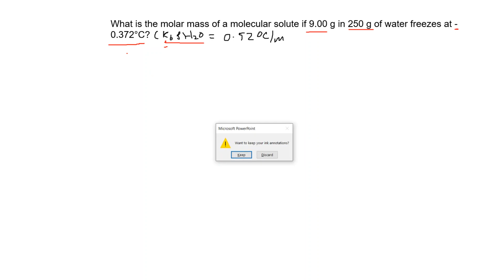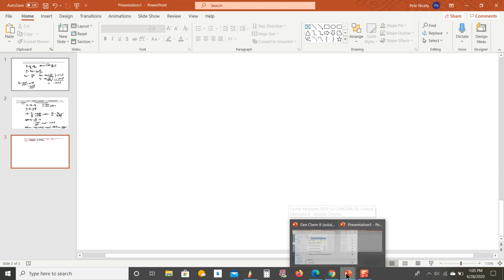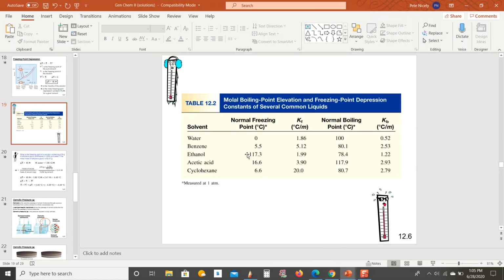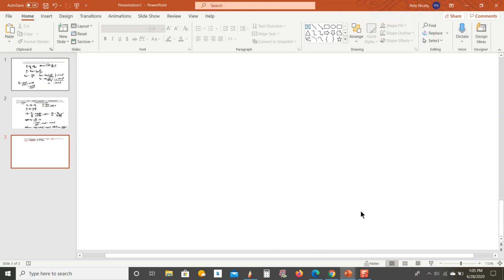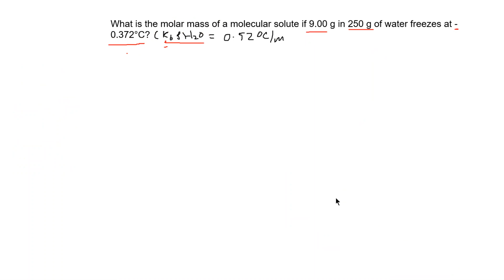Sorry about that. Let me go here. Okay, so the freezing point value is what you're going to need, which is 1.86. So let me go back to this right here. Whoops, scrolled up too much.